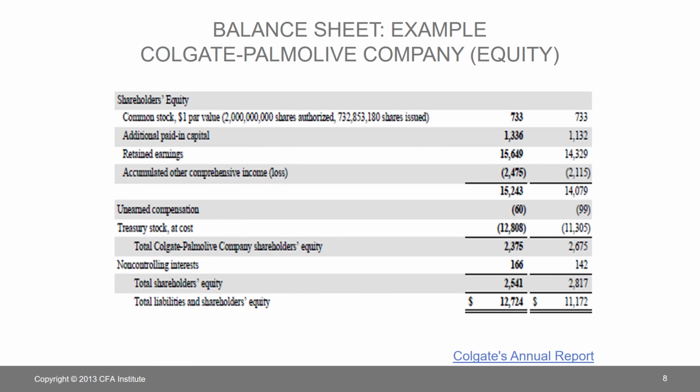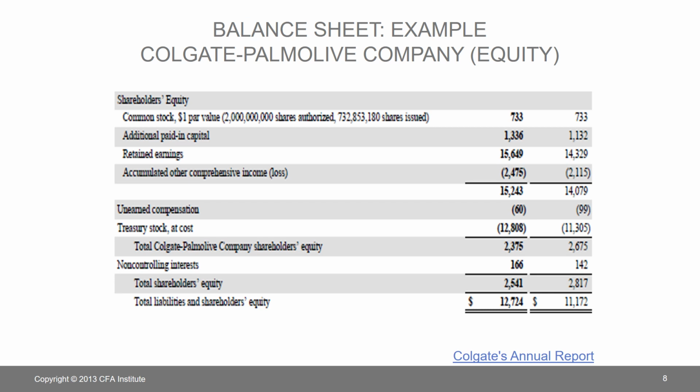Now for this slide, we see the last portion of the balance sheet, which is the equity or the shareholders' equity portion. So you can see that the items that are represented here are also pretty typical for most companies.